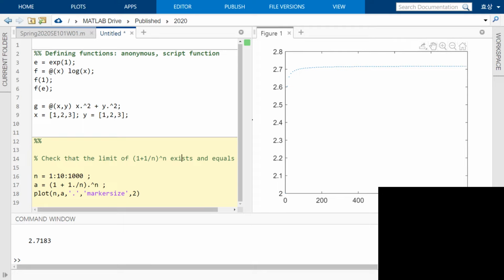And if you keep doing this, you can expect that this sequence will not diverge at some point, because you see the trend of these points is converging to some point near 2.7, and that's how you check the limit exists.